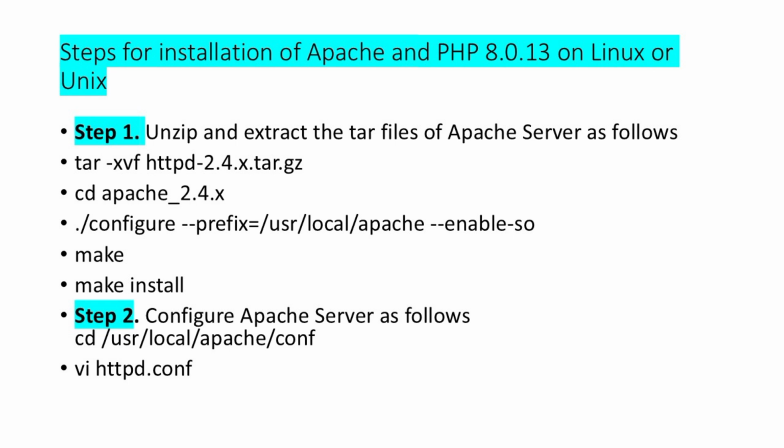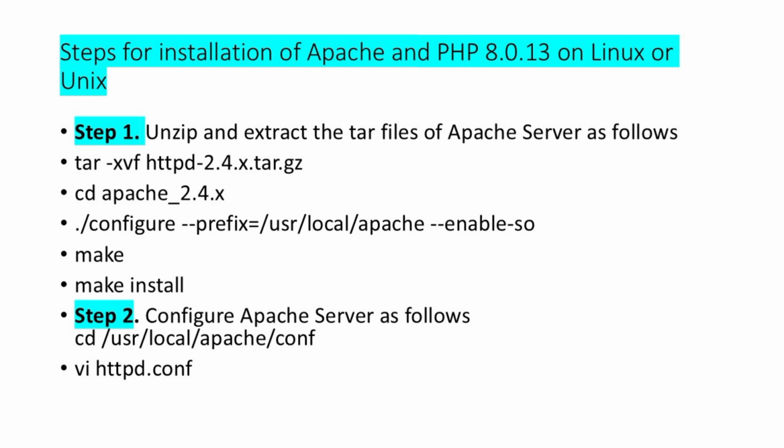You can do this by running the command tar xvf httpd-2.4.x.tar.gz. This command unpacks the compressed Apache installation files. Once the extraction is complete, navigate into the Apache source directory using the command cd apache-2.4.x. This will take you inside the extracted folder where the installation scripts are located.